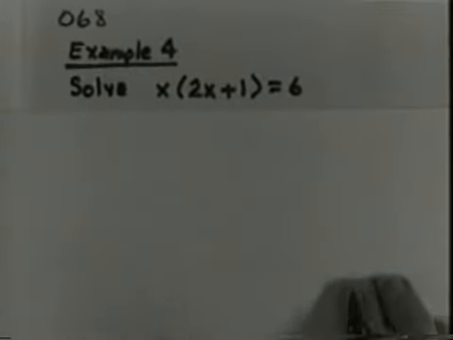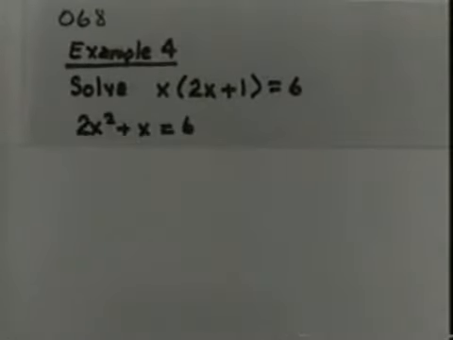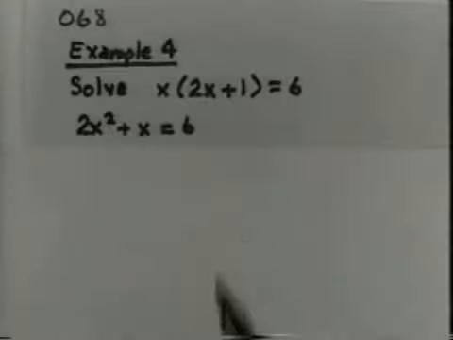Well, to get it in standard form, we must have it in descending order, not in partly factored form. So we must multiply the x times 2x plus 1, simplify the left-hand side to get 2x squared plus x equals 6.